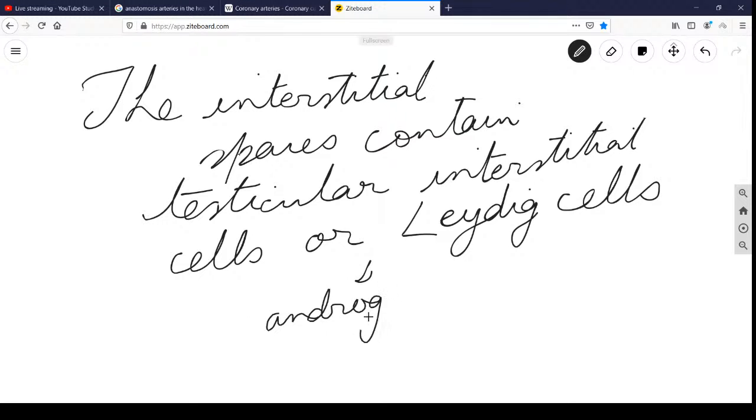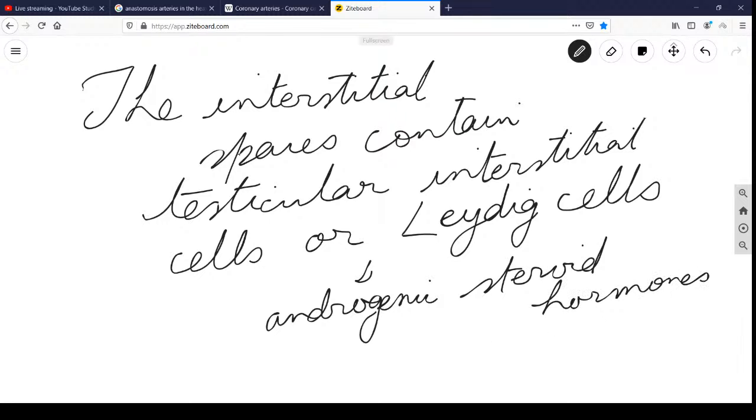Androgenic hormones, all these hormones are steroid in nature. Steroid hormones, the precursor is cholesterol itself. Now, what is an androgen? An androgen is a molecule that will stimulate the growth and the maintenance of male tissues.